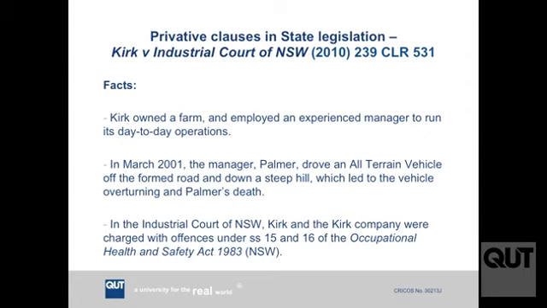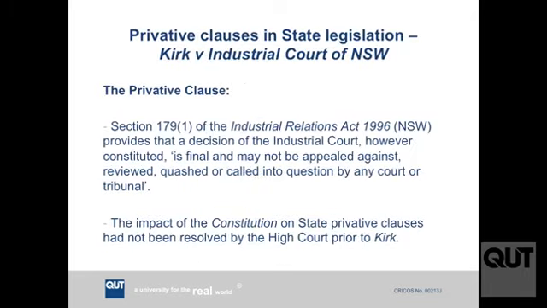Kirk and the Kirk Company were found to have committed offences under Sections 15 and 16 of the Occupational Health and Safety Act of New South Wales in the Industrial Court. There was a privative clause in the Industrial Relations Act of 1996 which purported to oust judicial review of decisions of the Industrial Court.